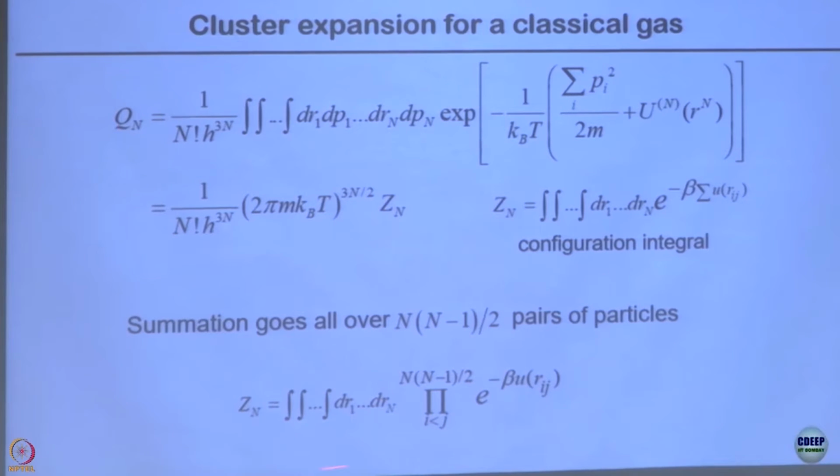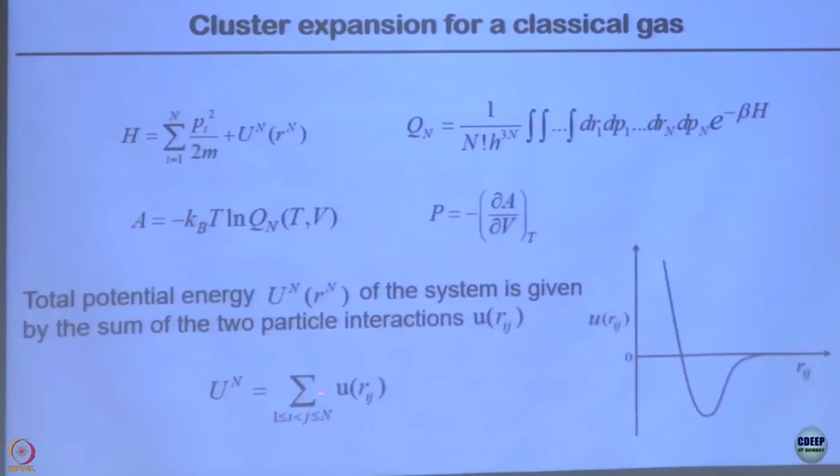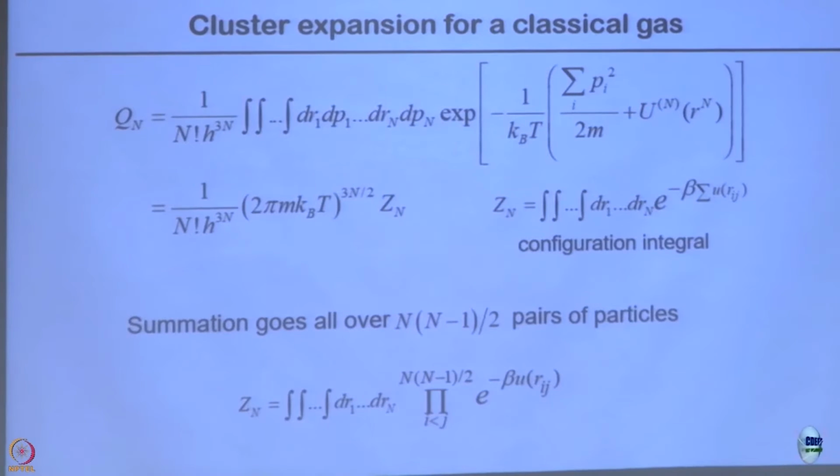So this is the thing then. As I said before, this comes in the exponent, U, and U is a sum. So I put that sum here, and then I realize that this quantity is nothing but a product. The sum here comes out as a product.